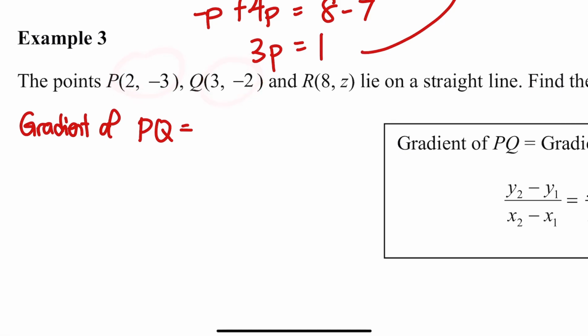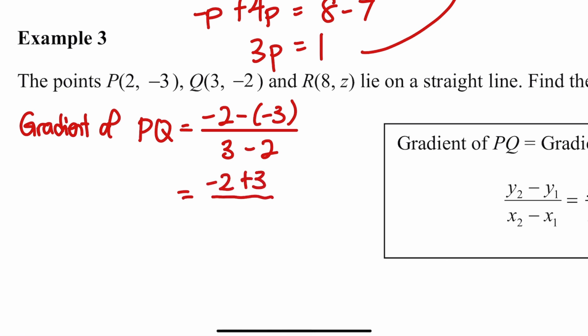We can use y2 minus y1, negative 2 minus negative 3, over 3 minus 2. This is negative 2 plus 3 over 3 minus 2, which is 1. Therefore, the gradient of line PQ is equal to 1.